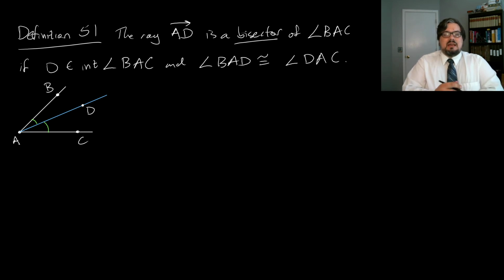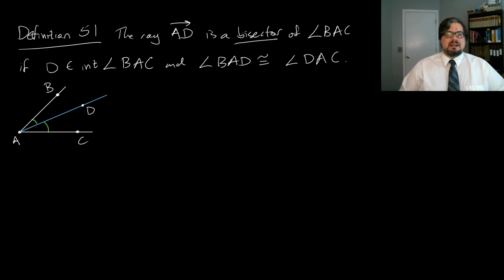angle-wise. Actually, this is very similar to the definition of midpoint of a segment, and one could create a fairly robust theory of duality between angles and segments, and a lot of theorems about segments have a corresponding theorem about angles, and vice versa.